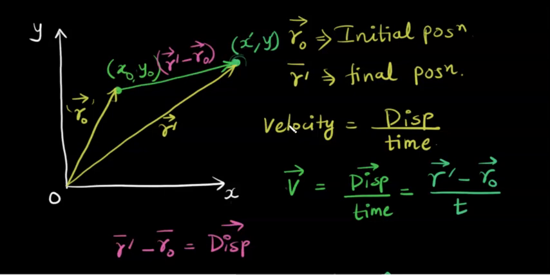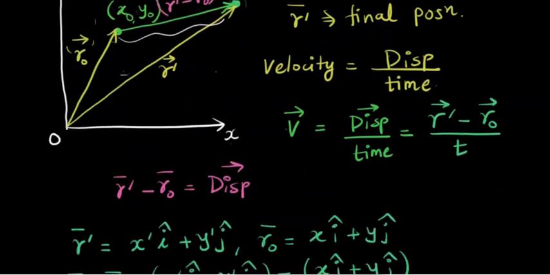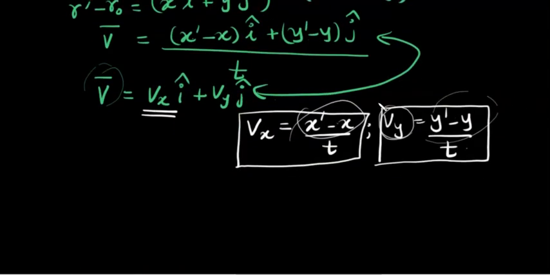Superimposition of these two motions will result in this particular motion. This is what I wanted to convey here. Remember that in two-dimensional motion the velocity along the x direction doesn't depend upon the displacement in the y direction and vice versa, so these two can be treated independently.